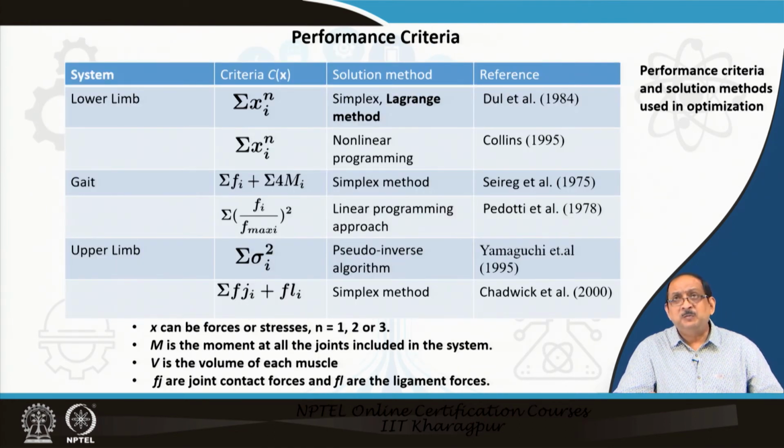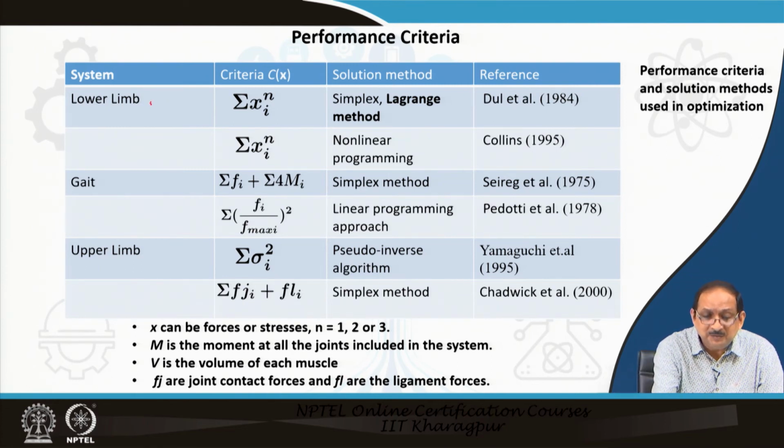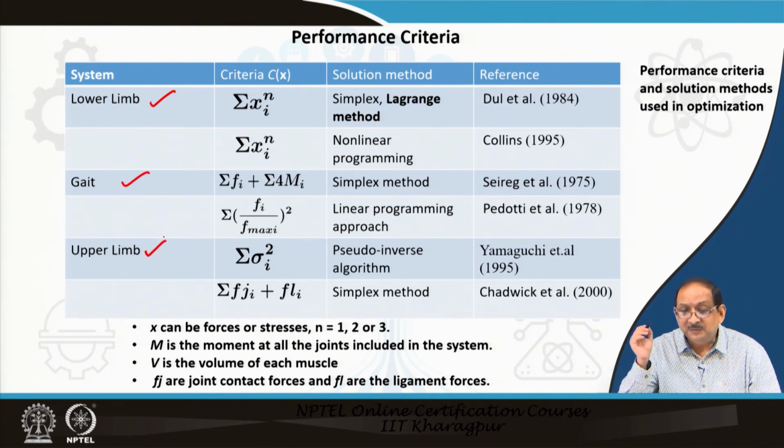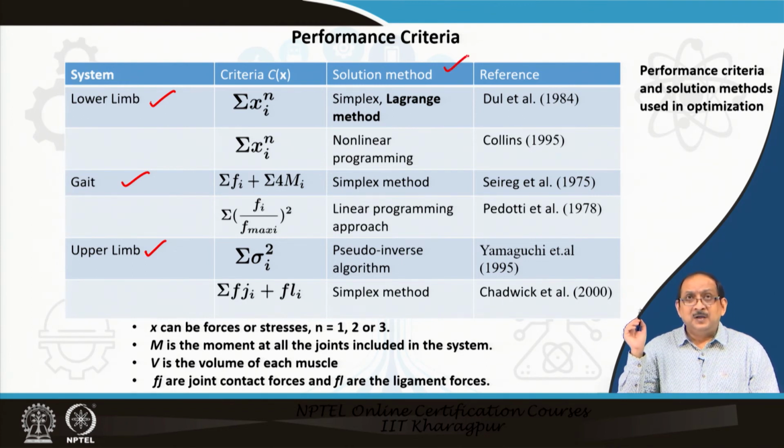So, here we present a summary of the performance criteria and the solution methods used in the optimization. So, the system here is lower limb, gait or upper limb, and we can see that there is a host of methods: simplex, Lagrange method, nonlinear programming, pseudo inverse algorithm.